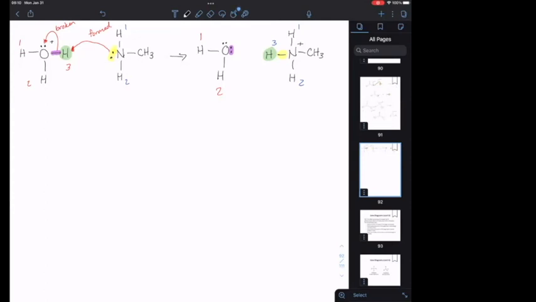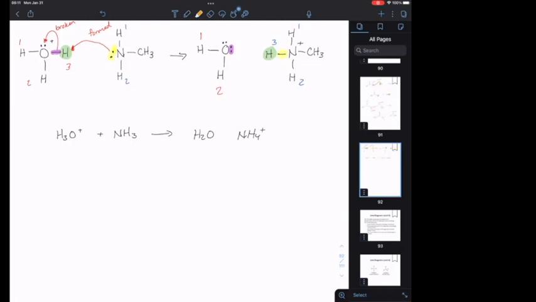So what these electron pushing arrows are doing for us is showing how those electrons are flowing in a chemical reaction. So for example, here I have an acid-base reaction where, if I'm going to write this a little bit more simply, I have a hydroxide ion reacting with ammonia to make water and the ammonium ion.